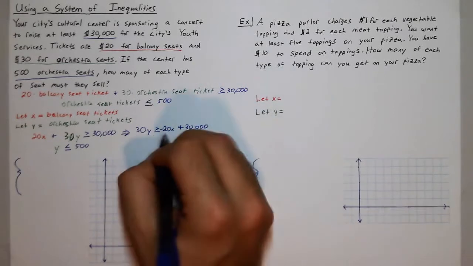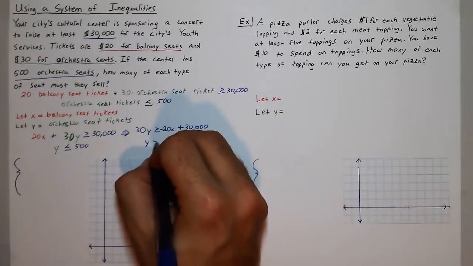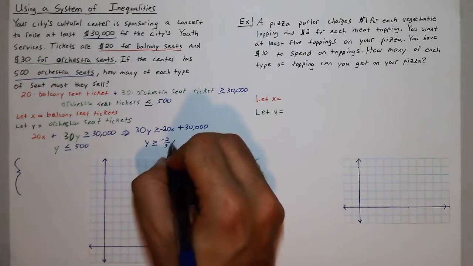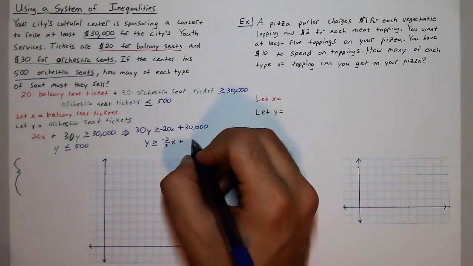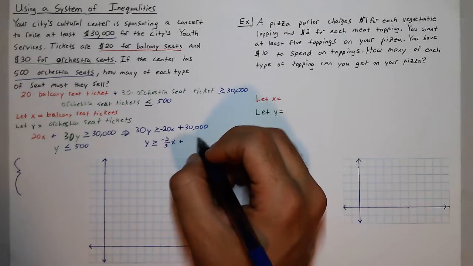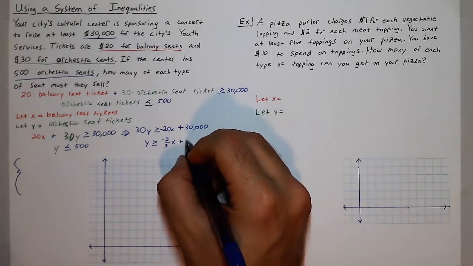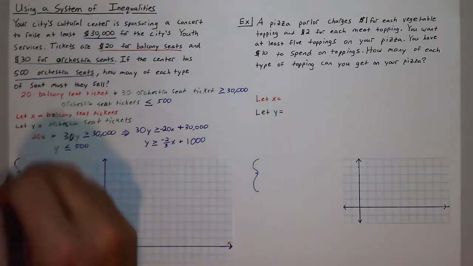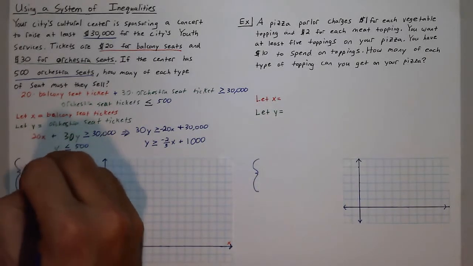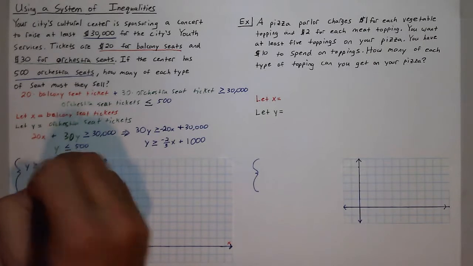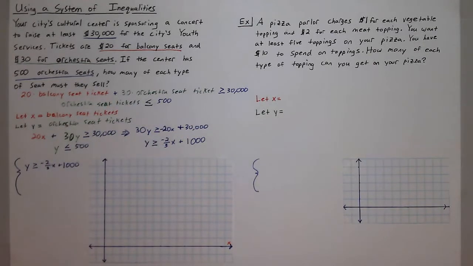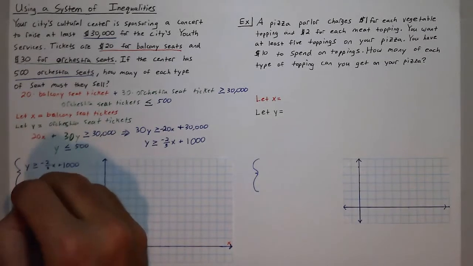And I can divide by 30 on each side to get y is greater than or equal to negative 2/3 x plus 1,000. So my system of inequalities is y is greater than or equal to negative 2/3 x plus 1,000, and y is less than or equal to 500.